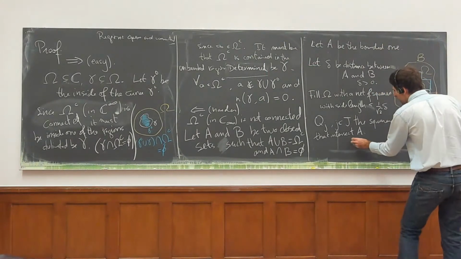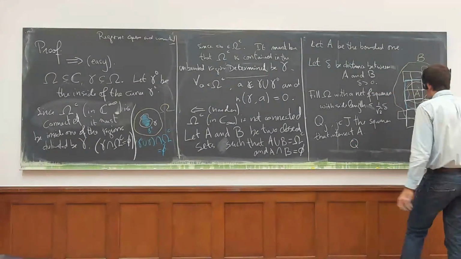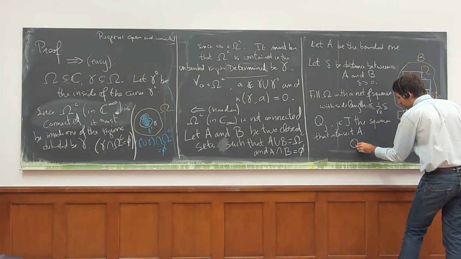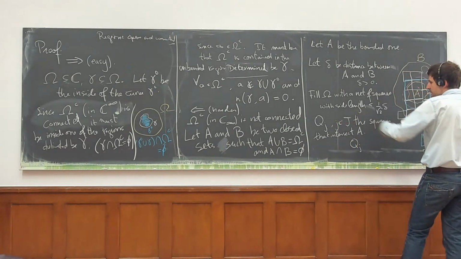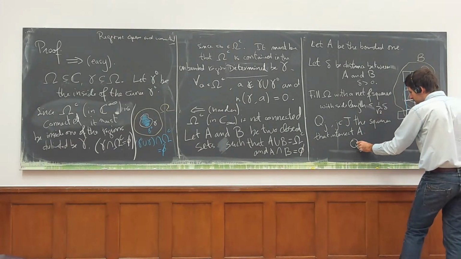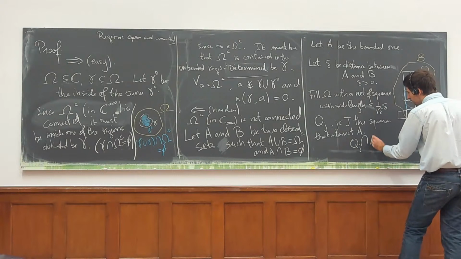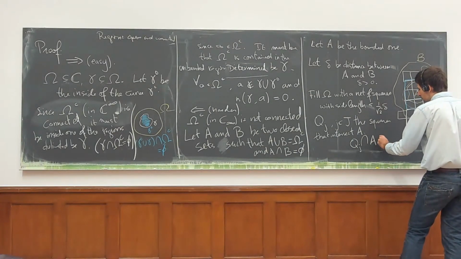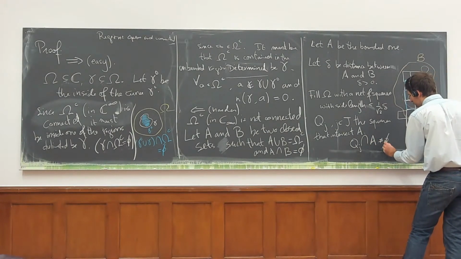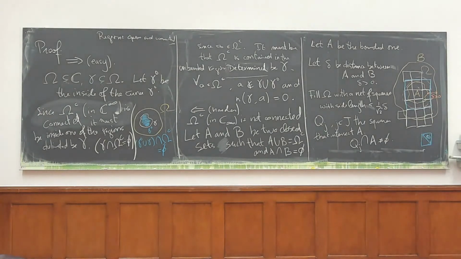Okay, so Qj's such that, and let's say that the squares' interiors intersected with A is not empty. Okay, so they intersect A, right? And so I'm taking these squares.